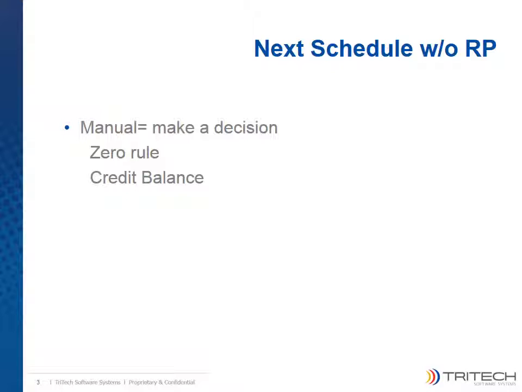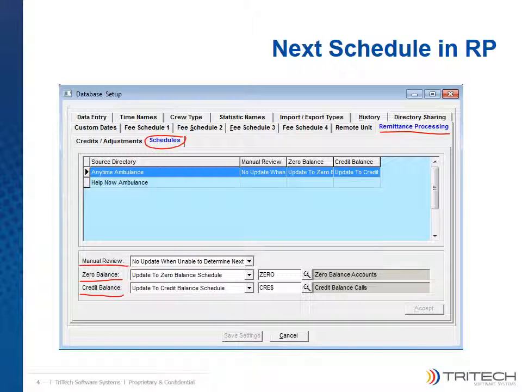Under most circumstances, calls with either a zero balance or a credit balance are moved to schedules set up specifically for those calls. Remittance processing automates the function of determining the next payer and handling credit balance and zero balance calls, which removes the burden of those functions from the person posting the credits.